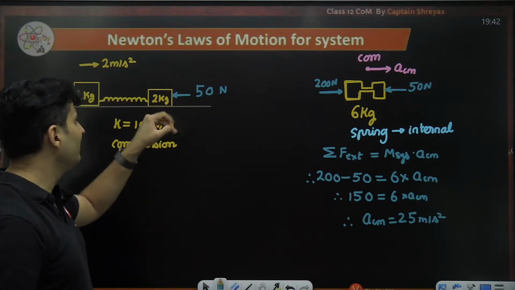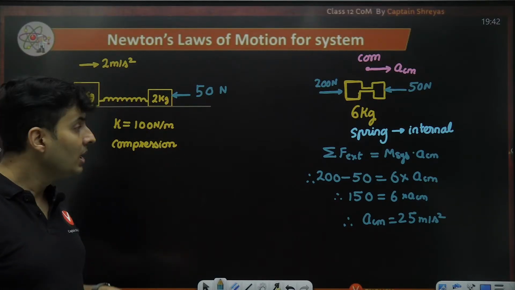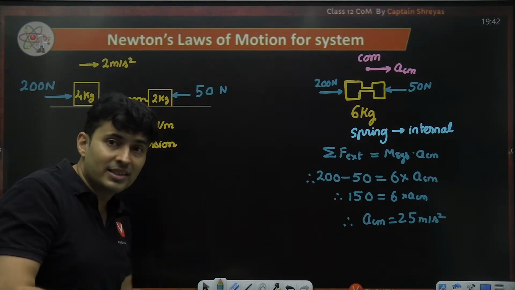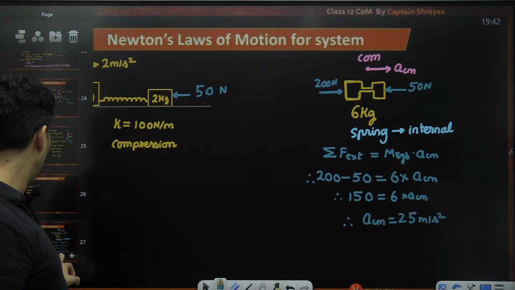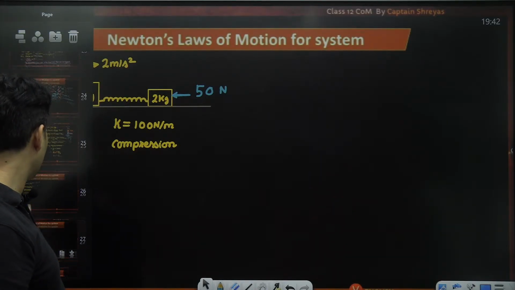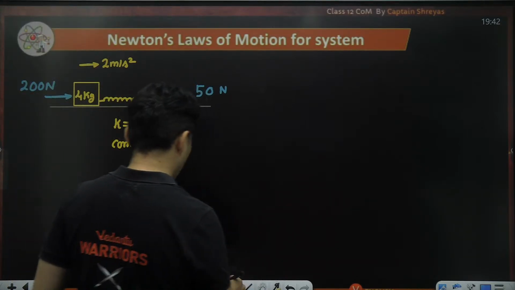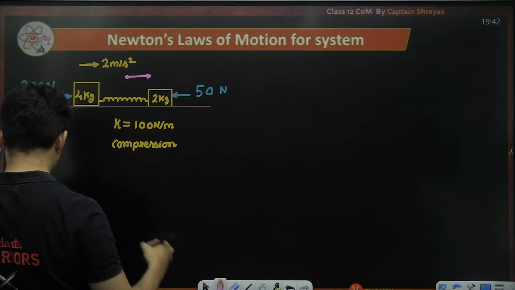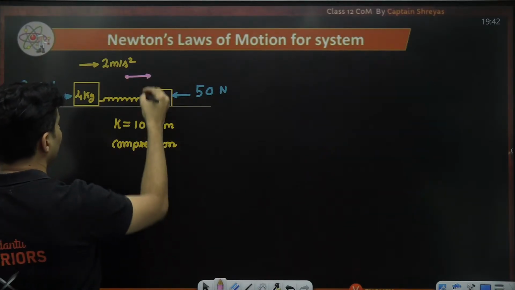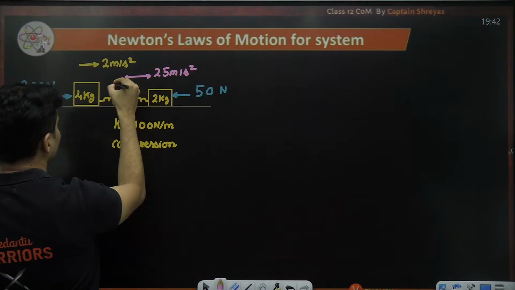Okay, nothing else was given, just the forces were given, not even the 2 kg mass's acceleration was given to me. In fact, I can use this now to figure out how much might be the acceleration of 2 kg block. How? Observe. I understood now that center of mass has 25 meters per second square acceleration.